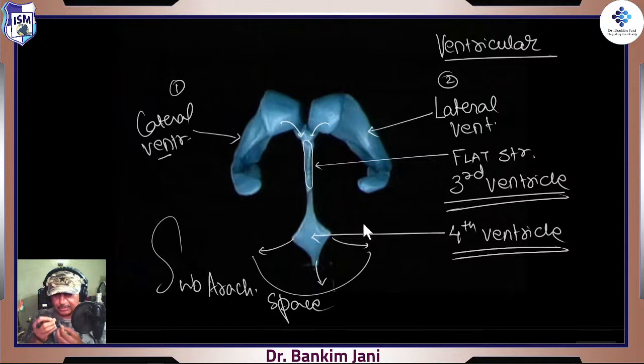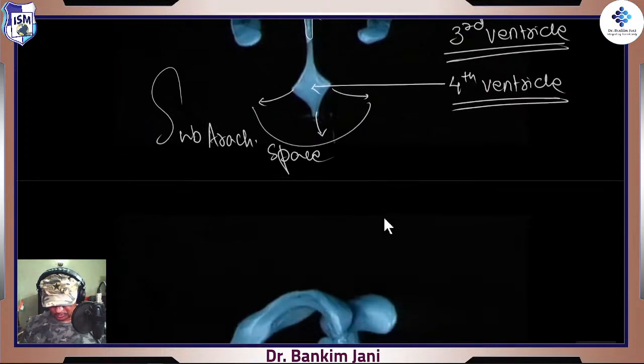Thus, CSF produced in the lateral ventricles goes into the third ventricle, from there to the fourth ventricle, and then from the lateral side and the medial side it goes into the subarachnoid space. You will actually see each and every foramen, where exactly they are located and how they work, but this is how the plan is. Now let's go into more detail.